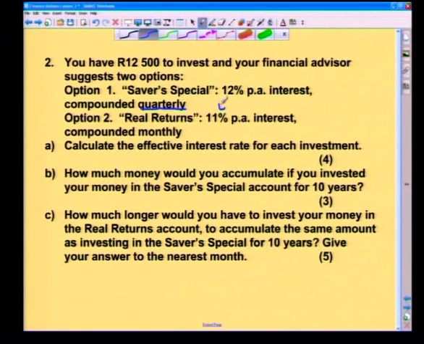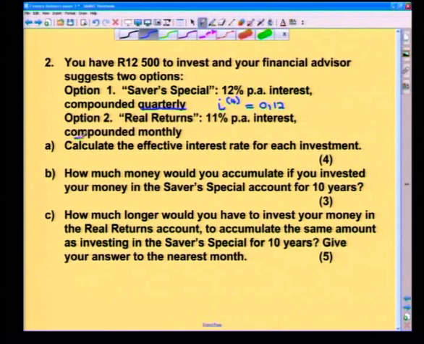What I like to do is I go I, and I put a little bracket at the top here, 4, and I say is equal to 0,12. That reminds me that I'm going to divide that interest rate by 4, because if I'm calculating quarterly, that means 4 times in the year I'm going to work out that rate. So I need to find out a quarter and do a quarter every quarter of the year.